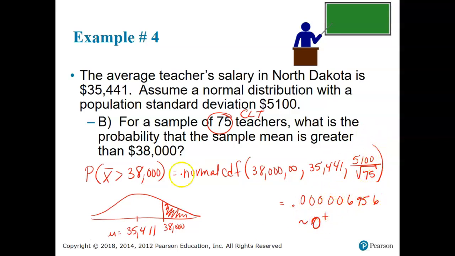So that is acceptable so long as you have the work to back it up. You may also see this as 0.0001. And it takes a little bit of explaining to understand how that is what we would report as our answer. If you're only allowed to report 4 decimal places, this is the smallest number that you can report, 0.0001. So if we did anything smaller than that, it would be 0, and 0 would be an impossible event. Well, this is not impossible.